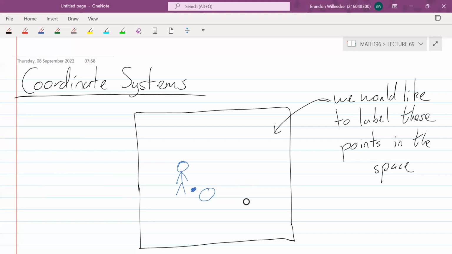If this is 2D, then we need to pick 2 directions. So let's say over here, east to west, we've got a line along this direction. We call that X. And then we have another line going this way. We call that Y. We make sure that these 2 lines are perpendicular. We'll see that they don't actually need to be perpendicular, but in this case, if we choose them to be perpendicular, you'll see we're building up the Cartesian coordinate system.